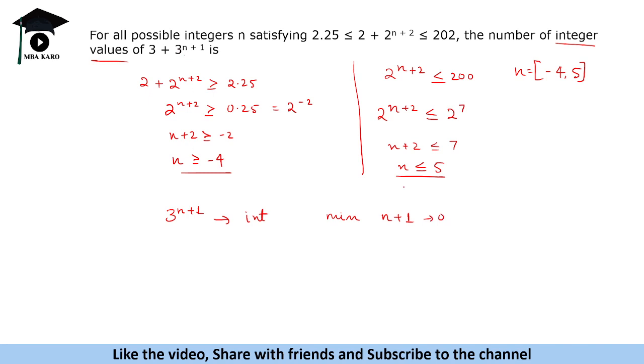So n should start from minus 1, that is the minimum value of n. We cannot take minus 4 because that will give us a non-integer value. So we will consider n from minus 1 to 5. Okay, so we have minus 1, 0, 1, 2, 3, 4, and 5. So we have 7 values of n. That is the answer to this question.